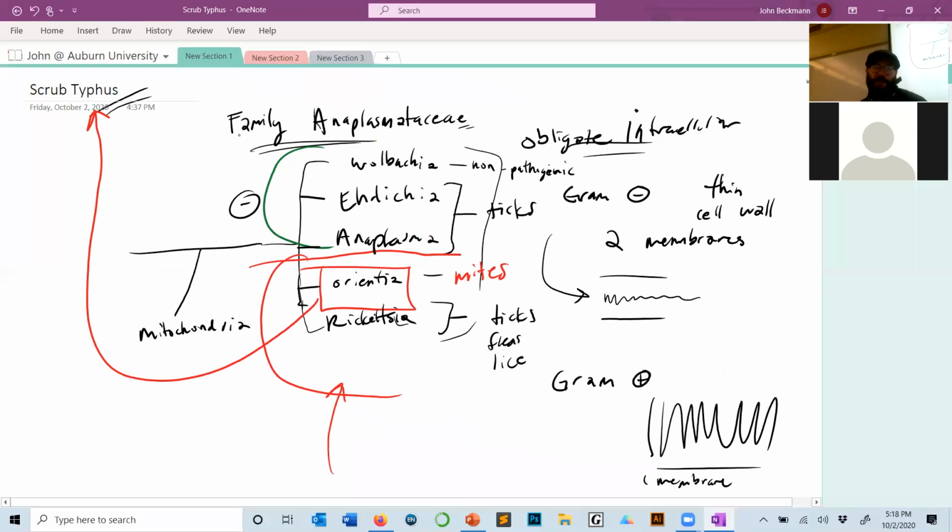Yeah, these ones live inside of a vacuole, and Orientia and Rickettsia live directly in the cytoplasm. So Orientia is one of these obligate intracellulars that lives in the cytoplasm. That's another good point worth pointing out. Okay. We did that.